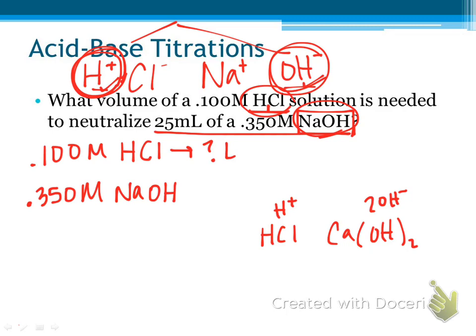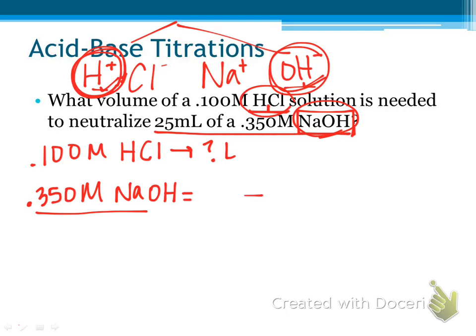Okay. So right now in this example, we're in a 1-to-1 ratio. Since we know the concentration and the volume of our basic solution, we're going to find out how many moles are present. So I take 0.025 liters times 0.35 molar, and I find how many moles of base are present.